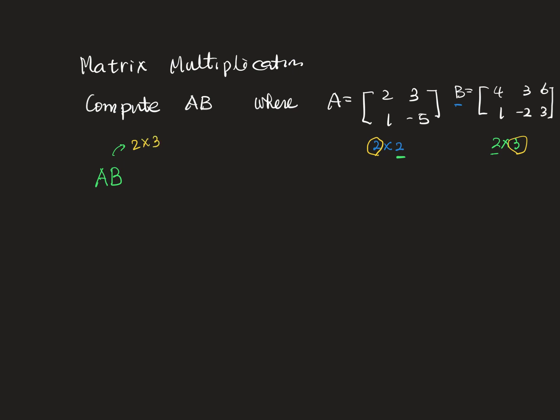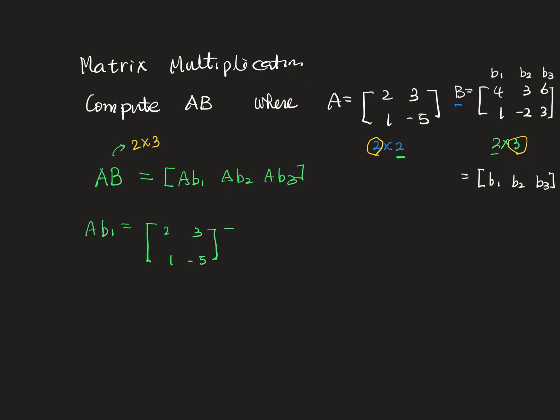So now, when you see this, guys, the definition is AB1, AB2, AB3. Remember the column vectors? Here, this is B1, this is B2, this is B3. Okay, let's figure it out, guys. So AB1, what is the A matrix? 2, 3, 1, negative 5.